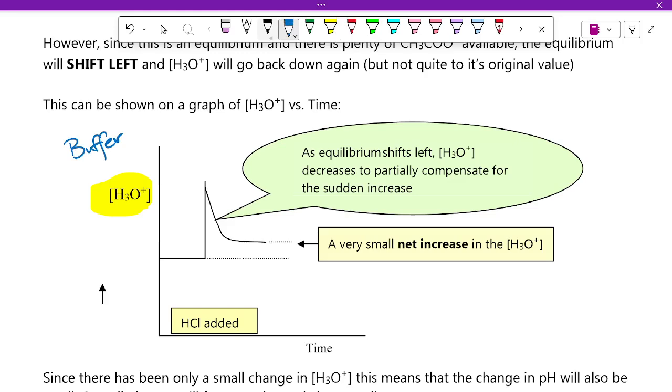We added HCl right here, and the H3O plus spiked, and then we get a shift to the left, and that brings the H3O plus back down, and it ends up being a very small amount bigger than it was before. So if you're looking for the graph, that's what that concentration graph will look like for hydronium.